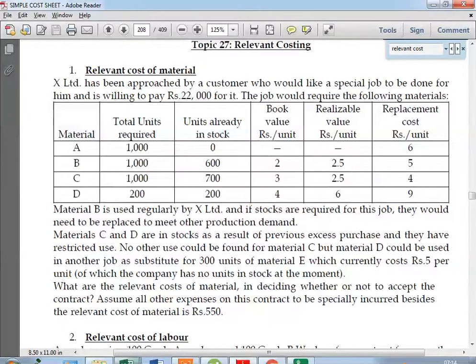Hence the relevant cost of material D is 1500.